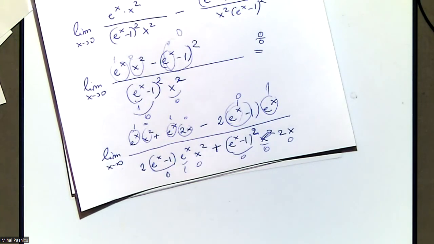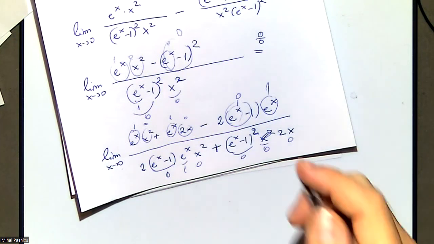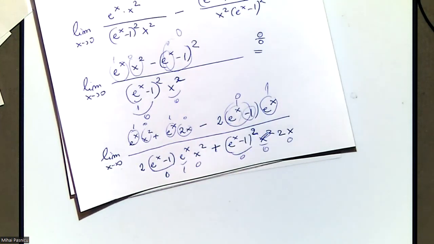Remember when I said something like this might come up on the exam? I think something like this is not going to come up, because in my head, when I did this computation, I missed this term. If that one wasn't there, I could evaluate after the next L'Hopital. But with it, I can't.